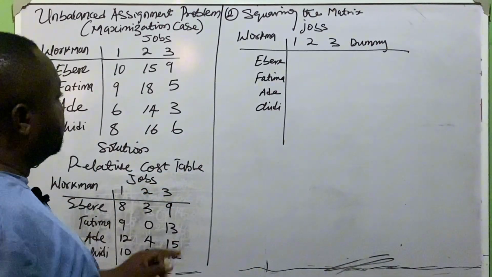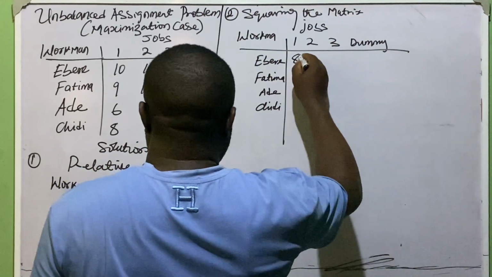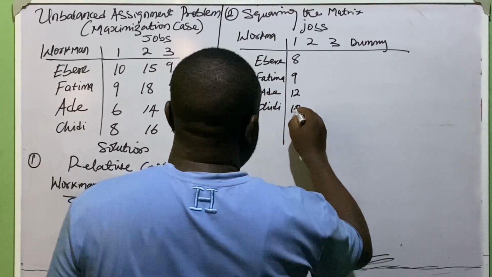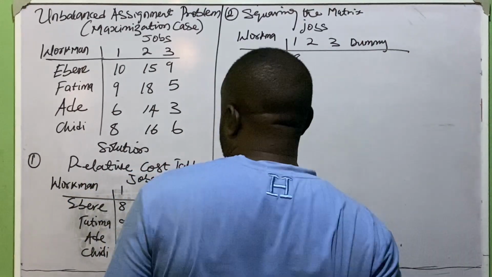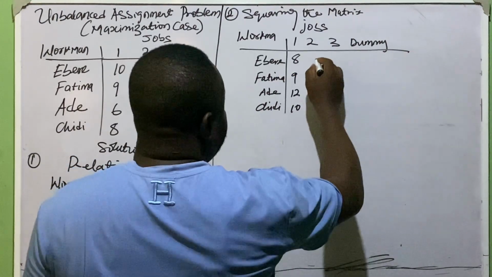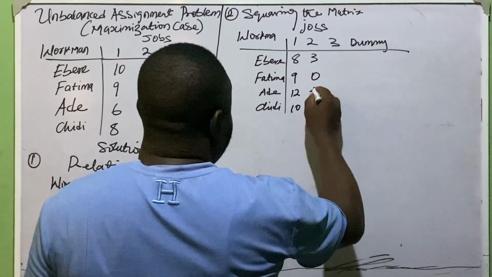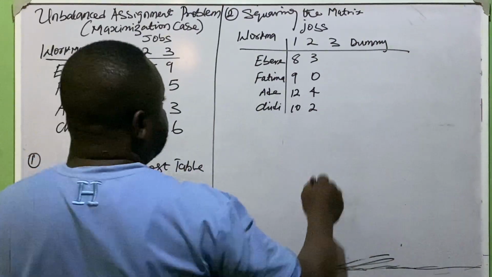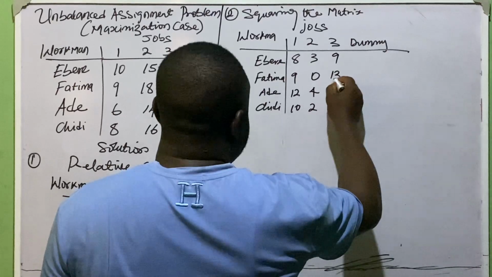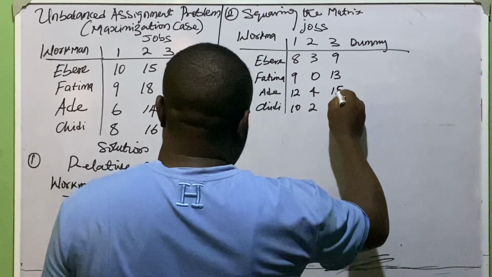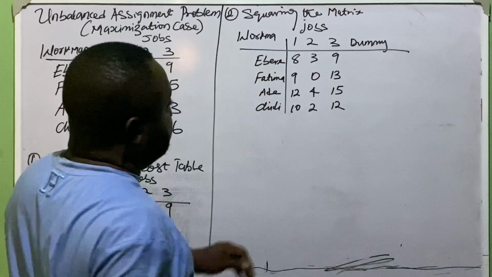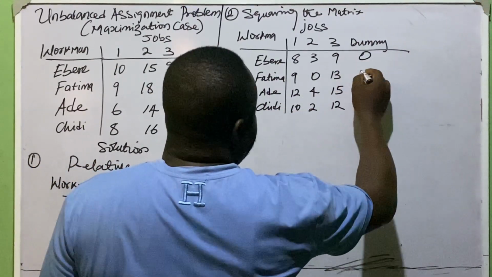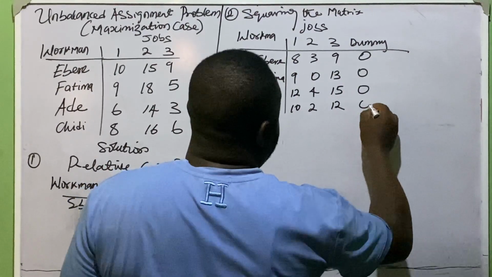All these values will come back. We have 8, 9, 12, 10, 3, 0, 4, 2, 9, 13, 9, 13, 15, 12, and of course the dummies will be 0, 0, 0, and 0.